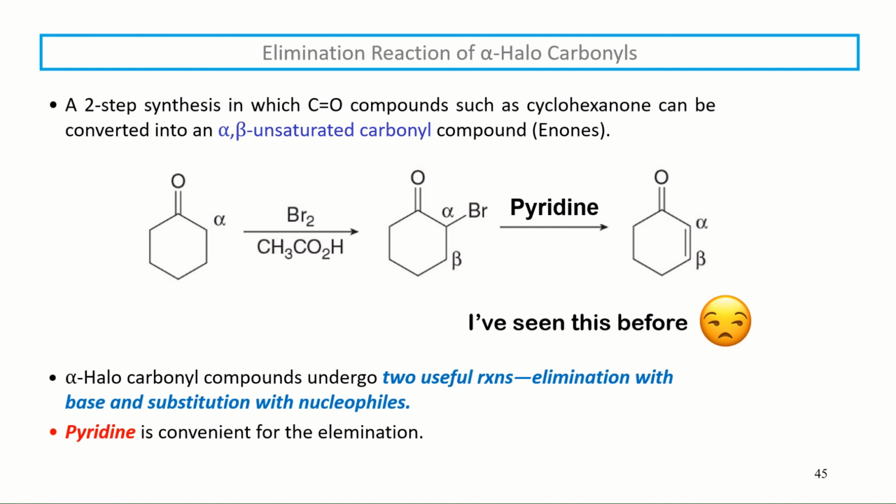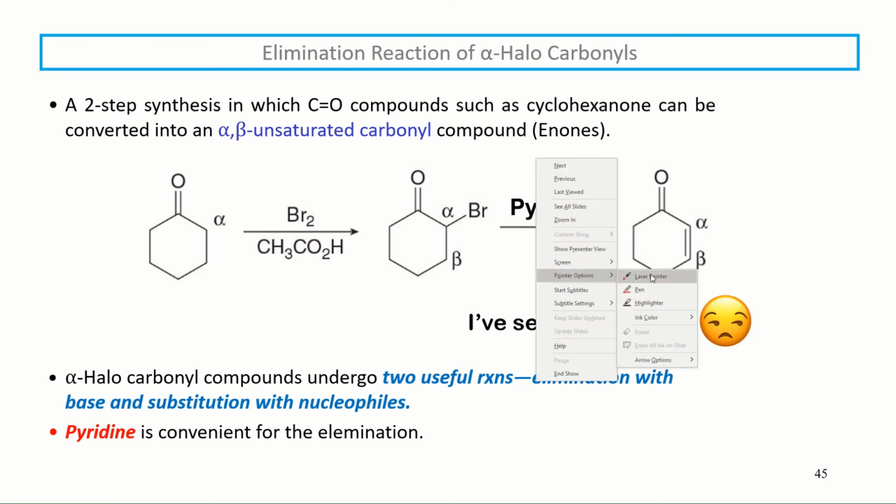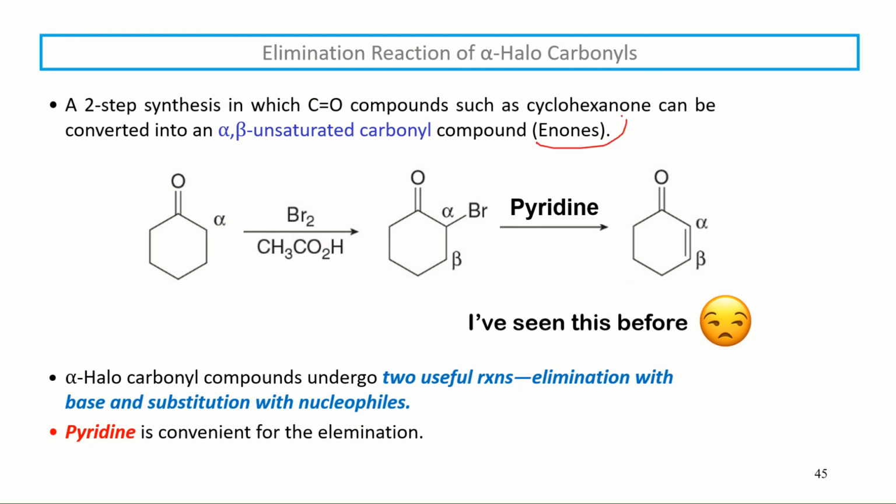In this case we've got pyridine. I prefer pyridine. So you eliminate the hydrogen bromide to form that degree of unsaturation. And of course, that is your enol. Remind yourself why the enol is so powerful. There's an electrophilic center here, and there's an electrophilic center here at the beta carbon.